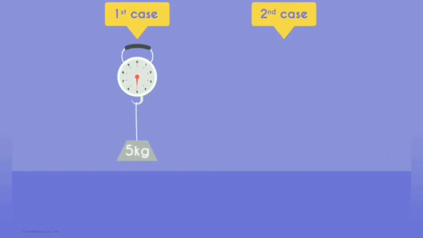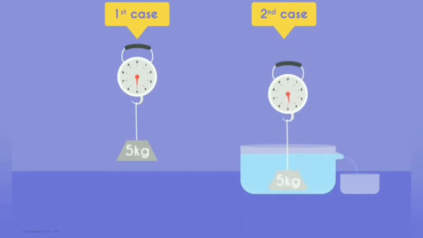For the second case, take a beaker of water which has a small opening at the top. The water in the beaker is filled right up to the point where the opening is. And we keep a small container under the opening. Now slowly lower the solid object into the water and you will see that the reading will be a lower number as compared to the previous case.